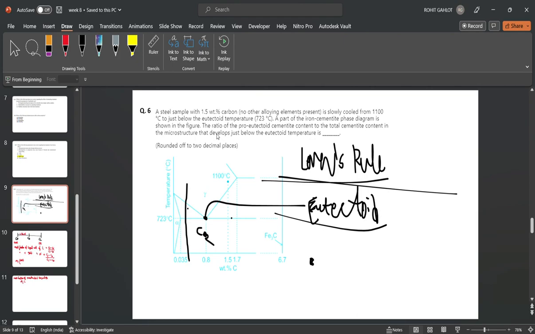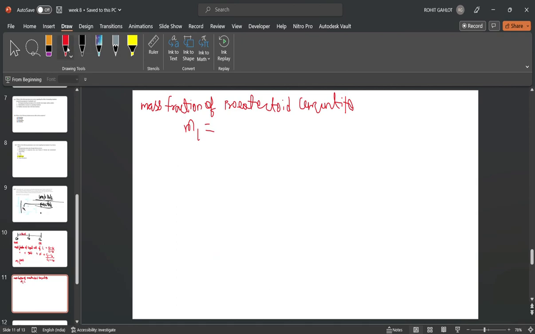M1 is equal to this difference, 1.5 minus 0.8, divided by the total 6.7 minus 0.8, which will come as 0.1186.